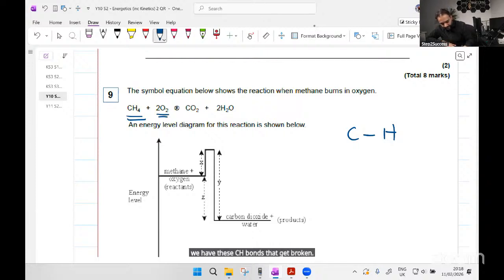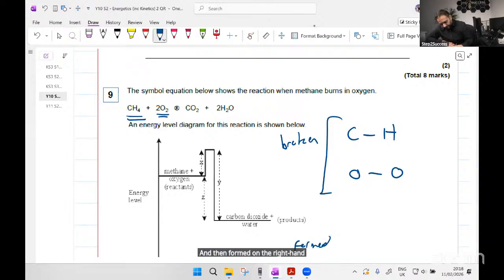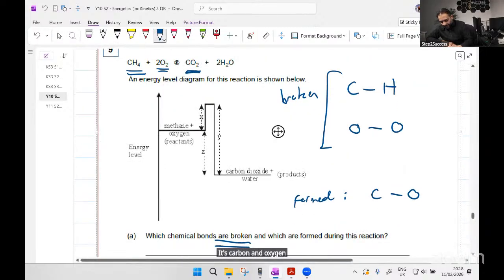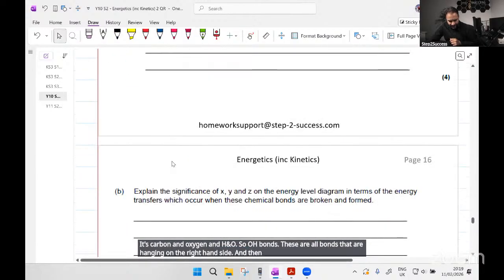We also have O bonds there, the O2, which is quite hard on this. These are broken, so you can mention that they are broken on the left-hand side. And then formed on the right-hand side, we have CO bonds, carbon and oxygen, and H and O, so OH bonds. These are all bonds that are made on the right-hand side. And then that is question 9B.